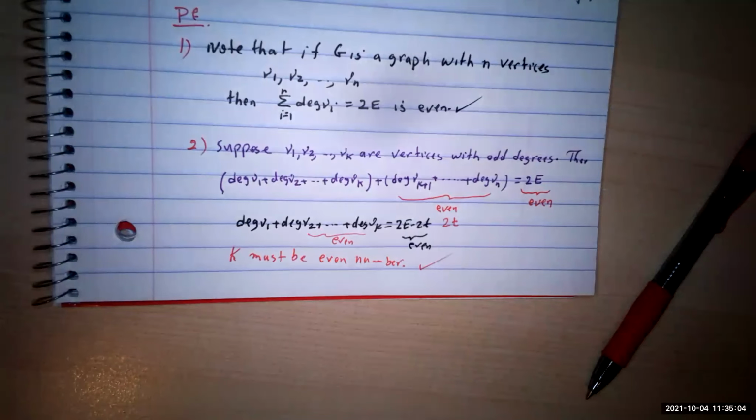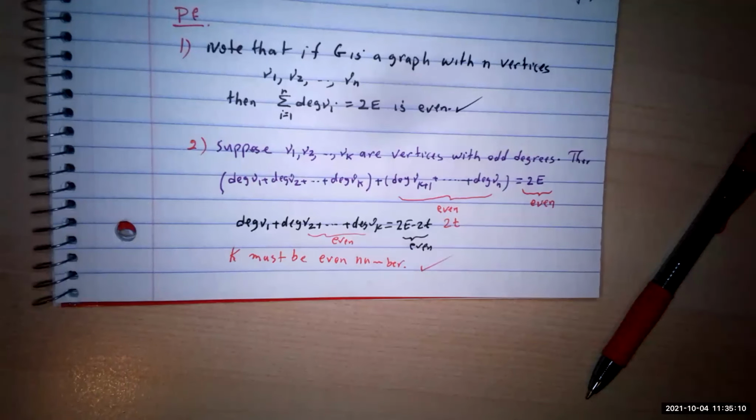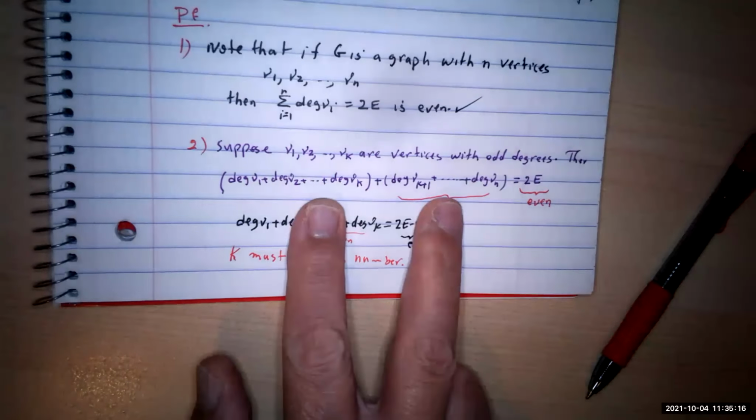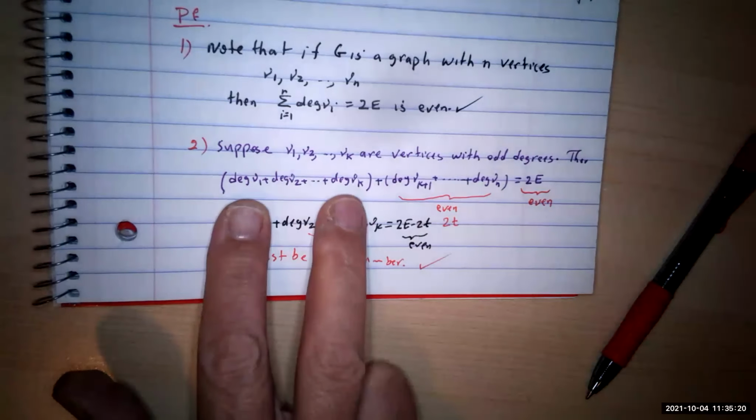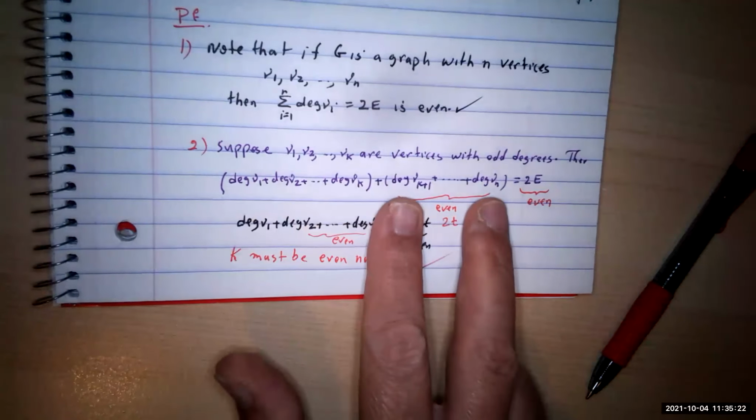If you have vertices in a given graph, you divide them into two parts: the ones whose degrees are even and the ones whose degrees are odd. You break them into two groups, odd degrees and even degrees.